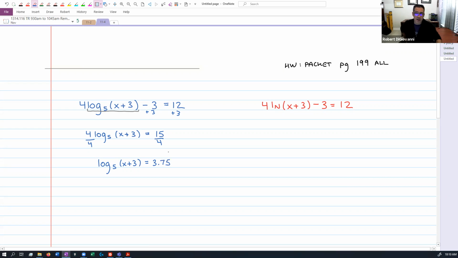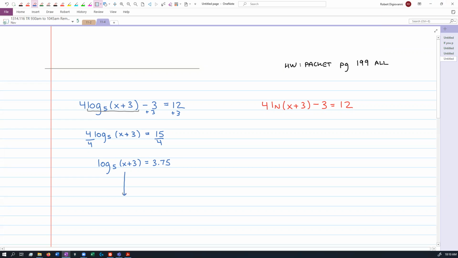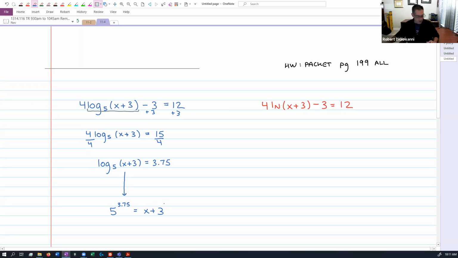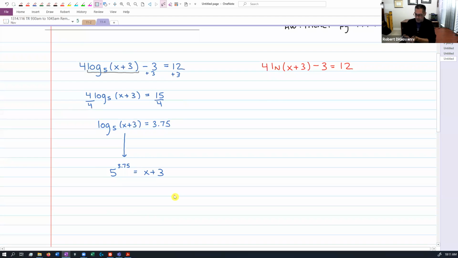And now the critical step. So did you convert this with the loop? Yeah, I did. Okay, so what did you write? 5 with an exponent of 3.75 is equal to x plus 3. Perfect. Good job. Okay, now you had to do that on your calculator. Did you have any issues with that?